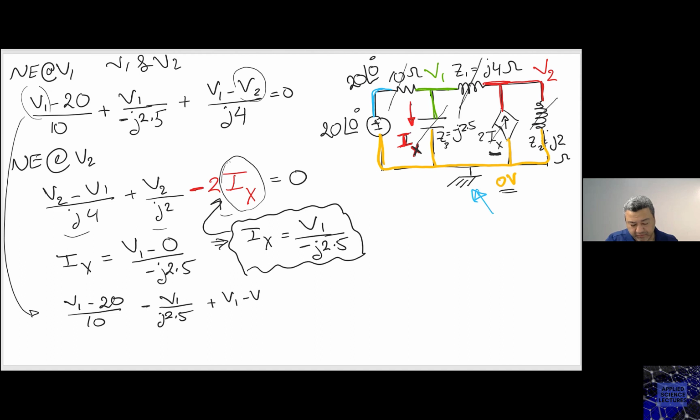Would you actually recommend algebraic substitution using complex numbers? I'll let you pick the way you want to solve it. Right. Solve it the way you want.